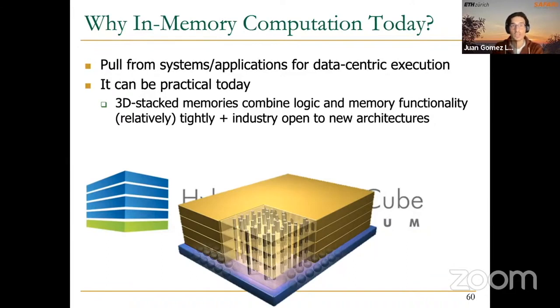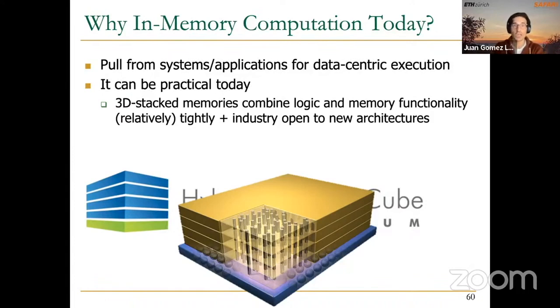This one is the Hybrid Memory Cube, HMC, from Micron, that as you see has several layers of DRAM, and at the bottom there is a layer of silicon called the logic layer, which can potentially be a place to put some processing elements and compute closer to where the data resides.